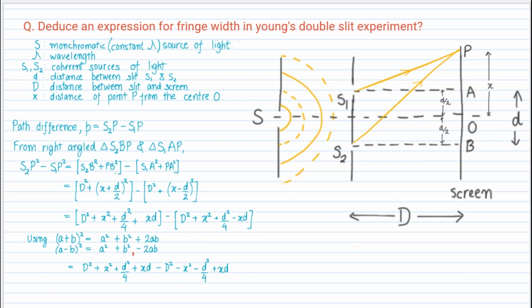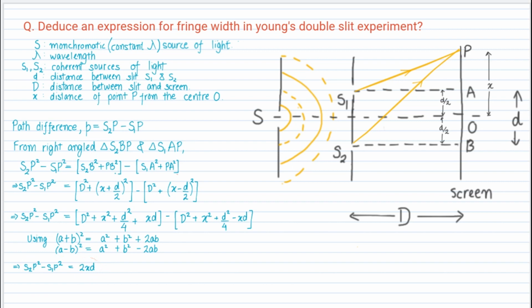D square by 4 minus d square by 4 get cancelled. And what are we left with? We are left with xd plus xd, and xd plus xd is how much? This is 2xd. So let me just rub it and write 2xd here. So S2P square minus S1P square equals twice of xd.